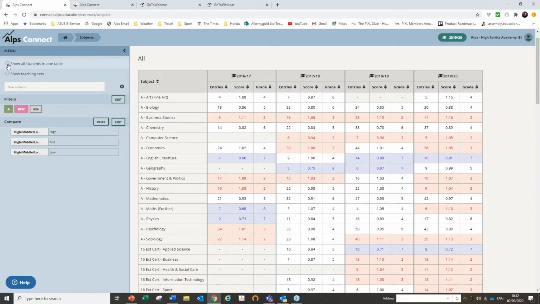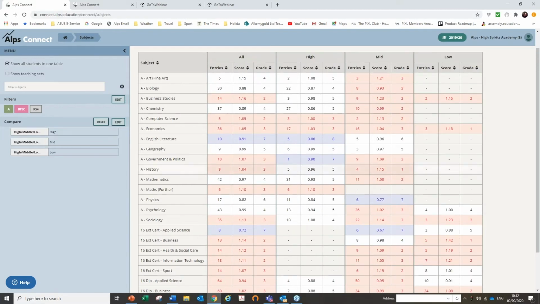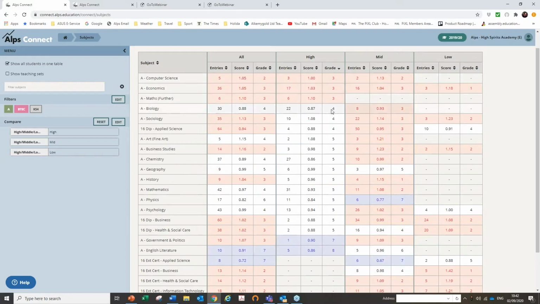If we tick show all students in one table, it will remove the 3 years of previous results and just break down this summer's results into those categories, as you can see here. And if I sort by grade here for the higher prior attainment students, you can immediately see that we've got some red hot subjects at the top, only one of which was sizable, economics.